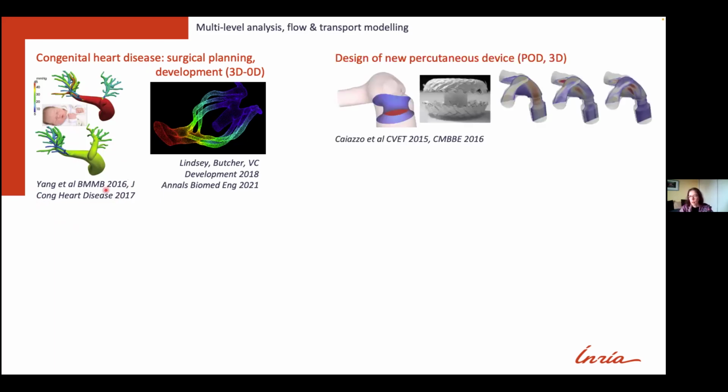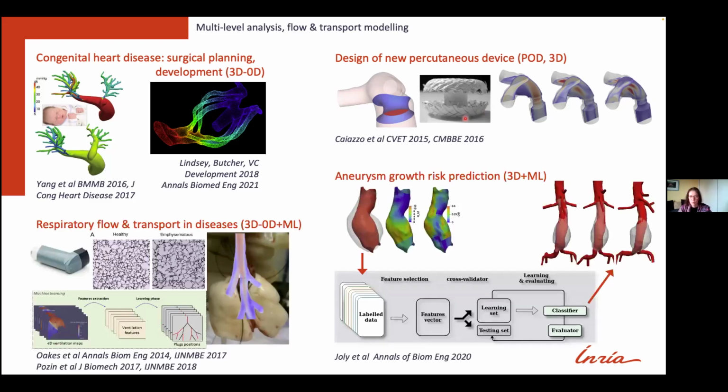And then we can accelerate simulations if we have to do a lot of simulations, such as for medical device design, for example. For this, we can use POD or other ways to reduce the simulation costs.